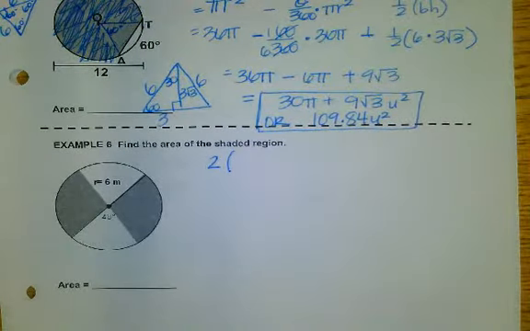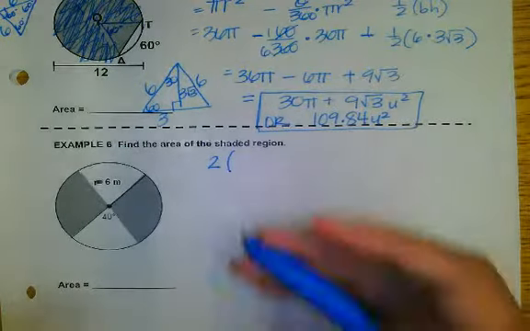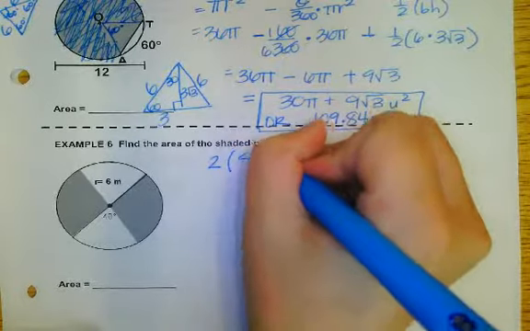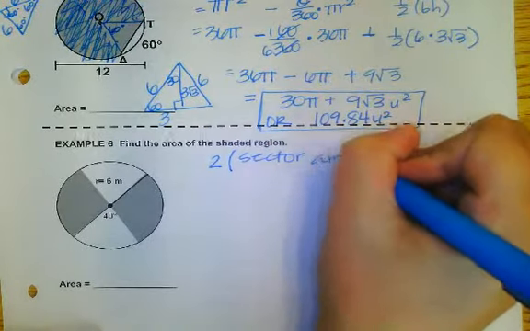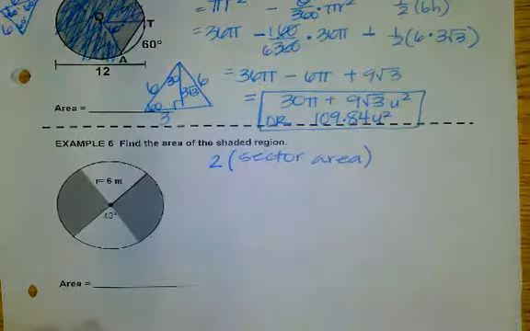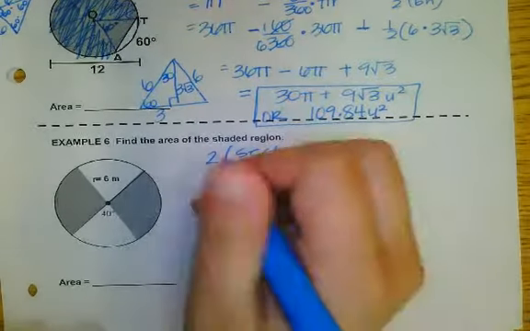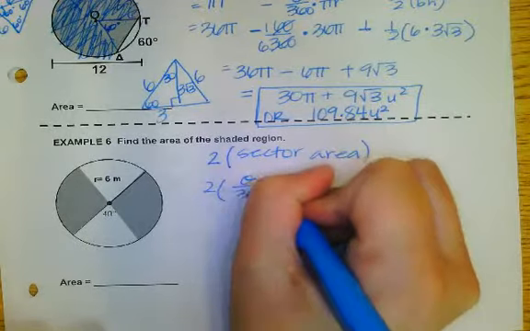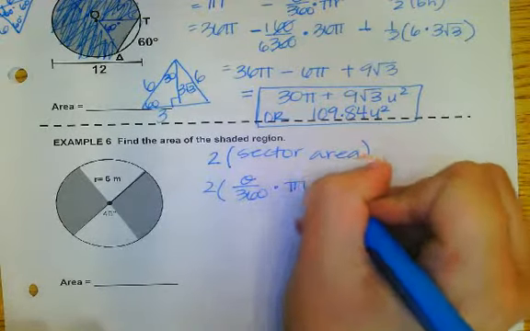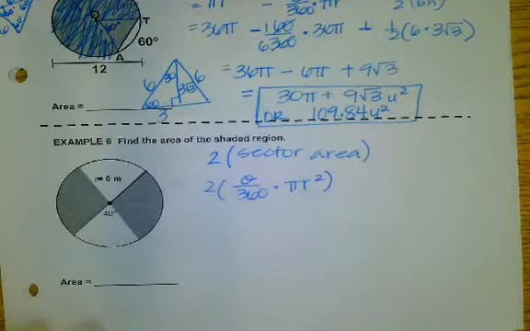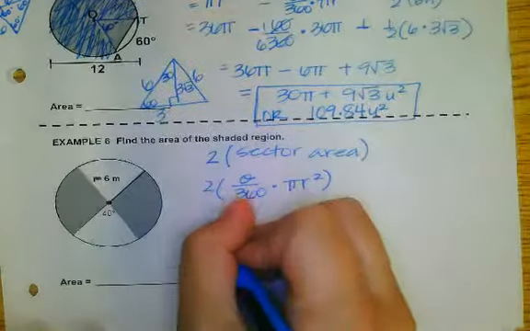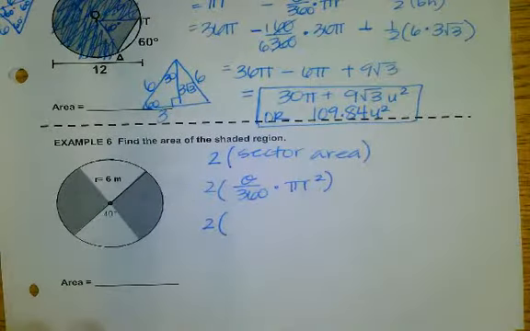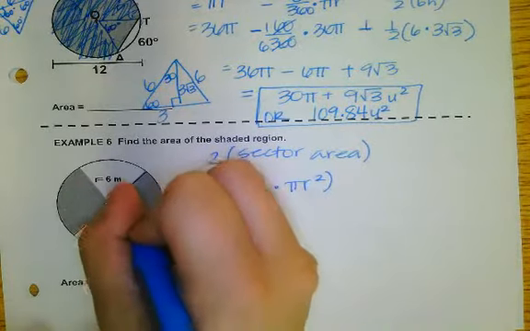Okay, now I'm substituting into my formula. What is the central angle associated with my sectors? 140. How do you know it's 140? 180 minus 40, right, because these two are supplementary. Okay, so I have 140 over 360. What's my radius? 6.